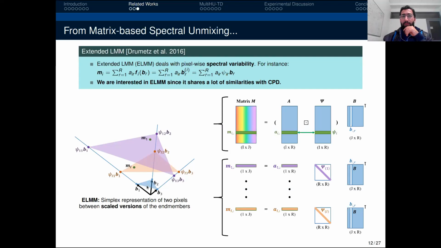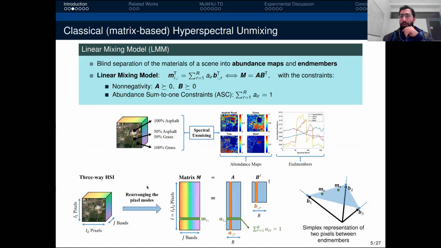This actually comes from the linear mixing model. Since we don't have any scaling imposed on B, it's just one simplex by the columns of B, in which the pixels of M exist because of the sum-to-one constraint. It's imposed that they exist on the simplex.